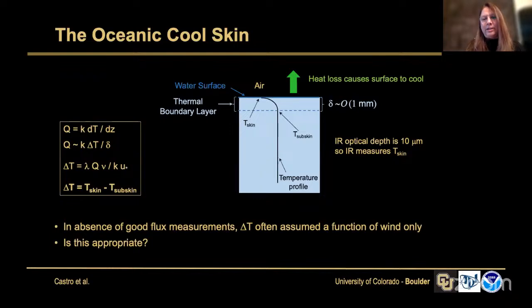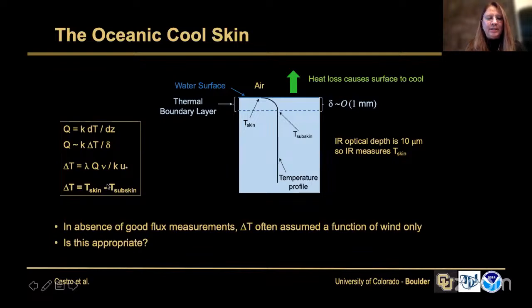This is what's called the cool skin. And what we're interested in is determining the temperature difference across the cool skin. It is a gradient, as you can see, but we usually use the simplification of the temperature at the skin minus the temperature at the base of the cool skin, or the subskin.